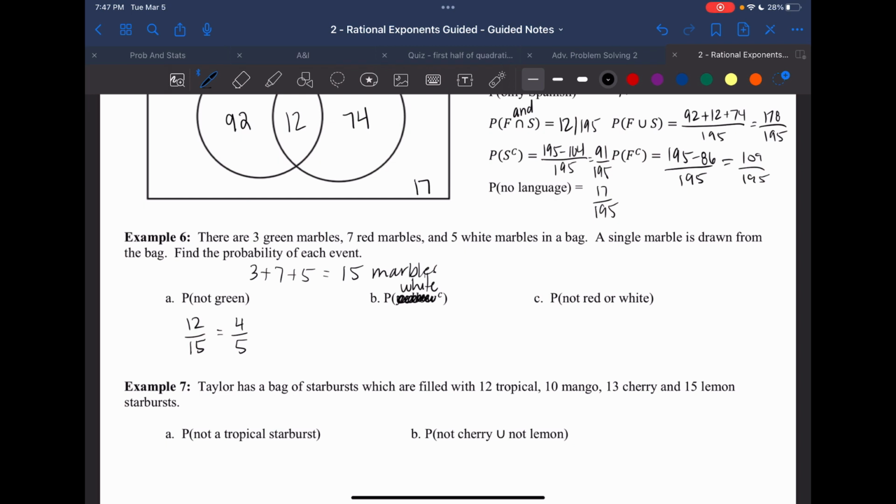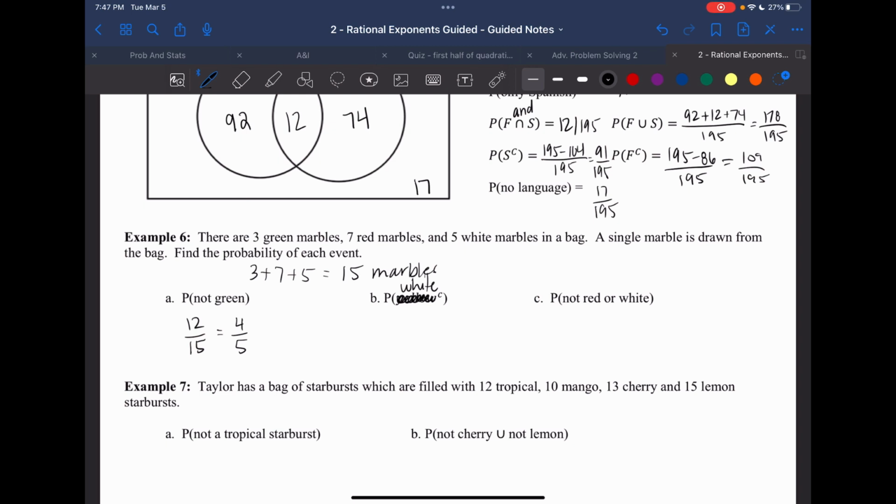Letter B had a little mistake. It says probability of yellow, which we don't have, so it'd be not possible. So let's change that to white. So the probability of white complement, so everything that is not white. So that would be the green and the red marbles, which is 10.